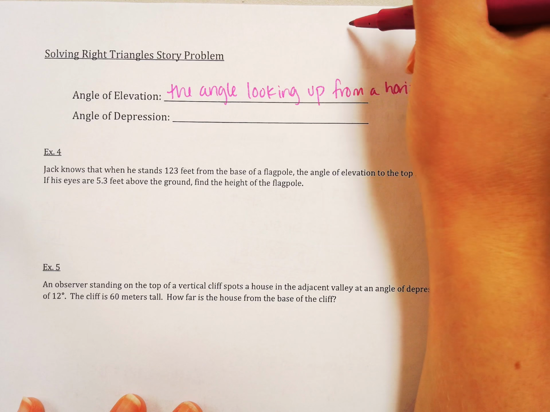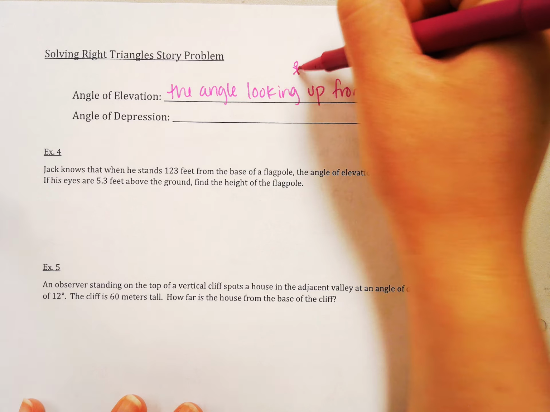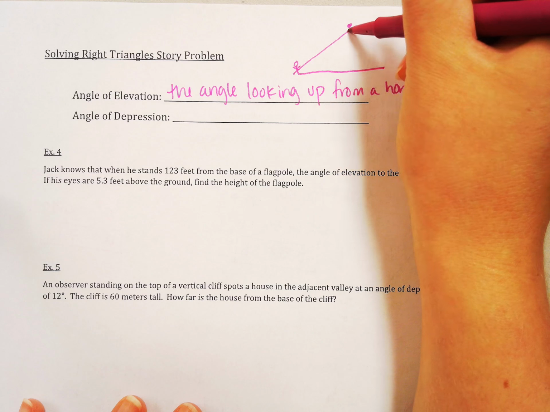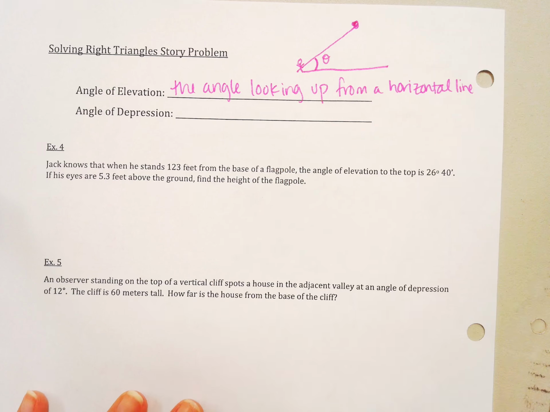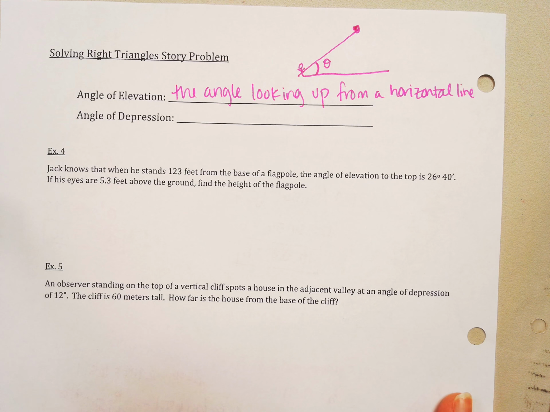So if this is my object in the air or something, and this is me standing on the ground, I have to draw this horizontal line, and it's the angle formed between the line of sight that I have looking up to the object and that horizontal line.